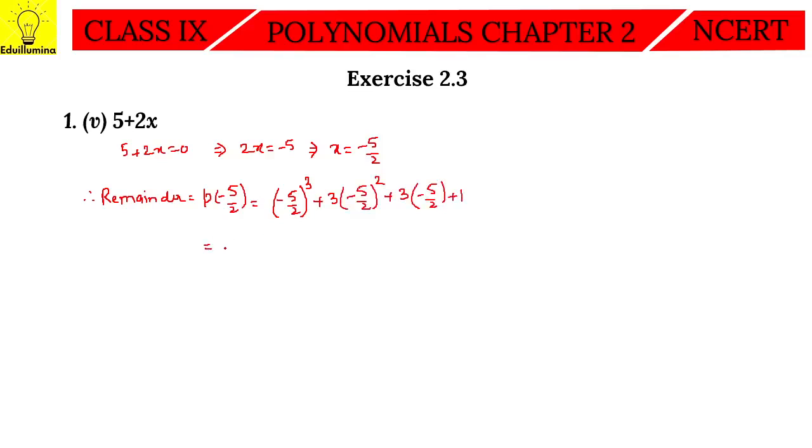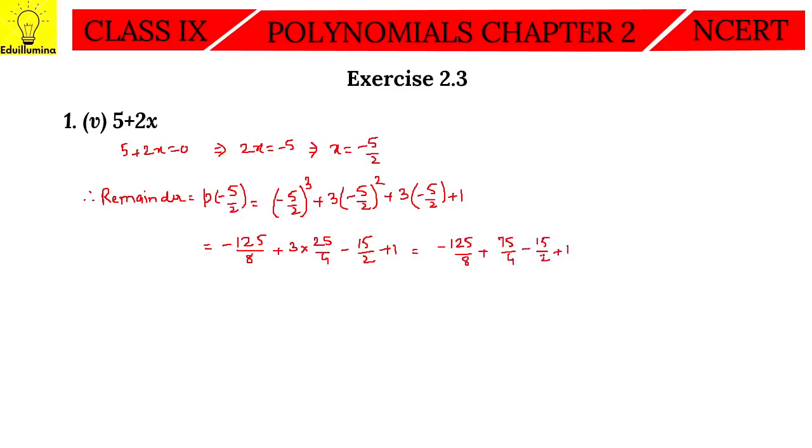So minus 5 upon 2 whole cube is minus 125 upon 8 plus 3 into minus 5 upon 2 whole square is 25 upon 4 plus 3 into minus 5 is minus 15 upon 2 plus 1. So it is equal to minus 125 upon 8 plus 3 into 25, 75 upon 4 minus 15 by 2 plus 1.